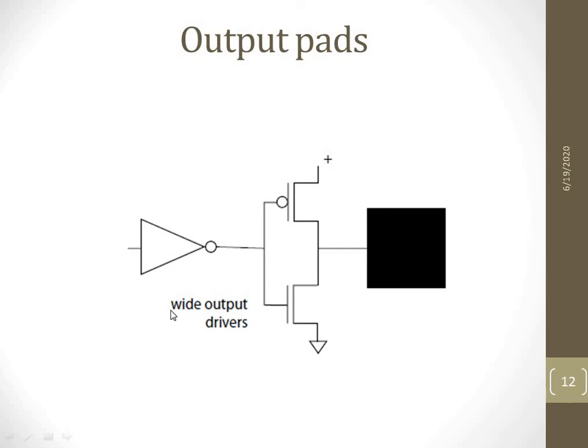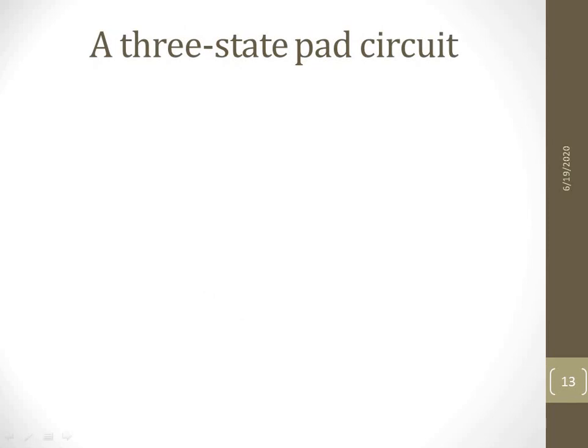But if you use wide output drivers to drive these MOSFETs, the connection between these two MOSFETs is given to the output, and that is connected to the output pad. If these wires are too long or give some parasitics, this will result in parasitic capacitance or inductance.